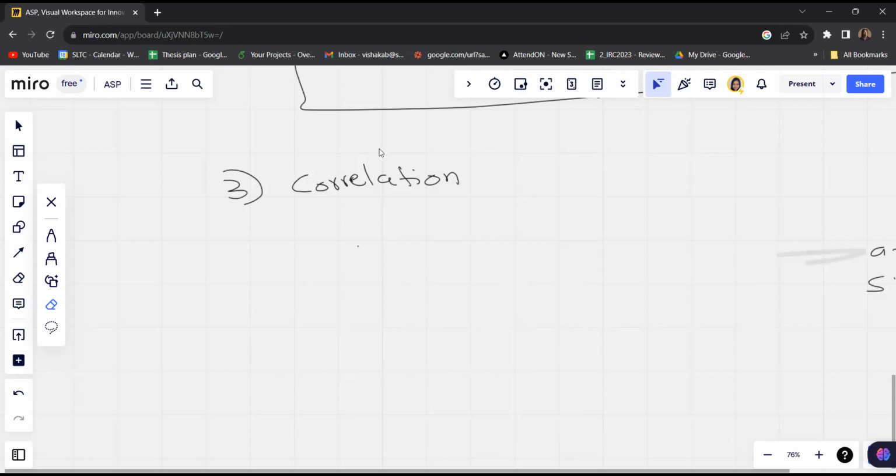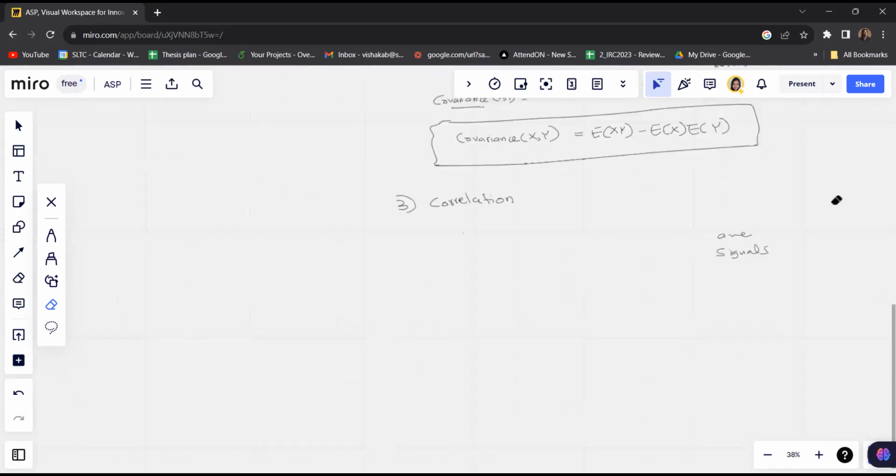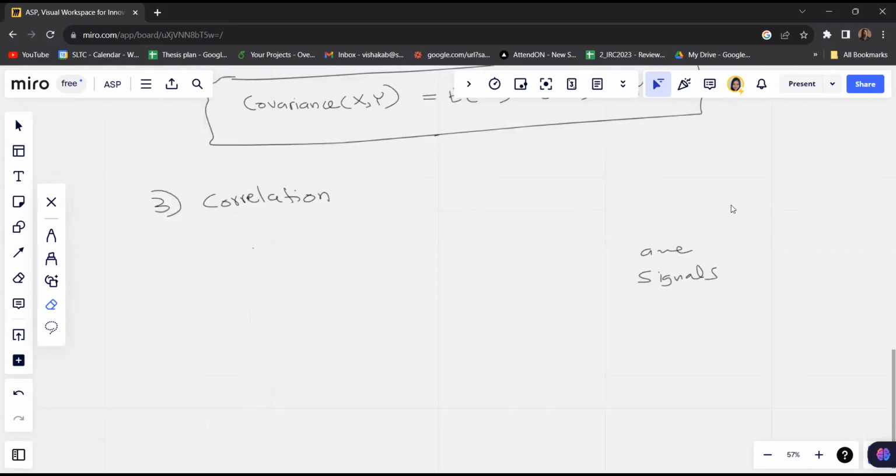There could be nonlinear differences, there could be some other differences between these two signals, but if there's some kind of a linear relationship between these two signals, then we call the correlation of the two signals kind of high.